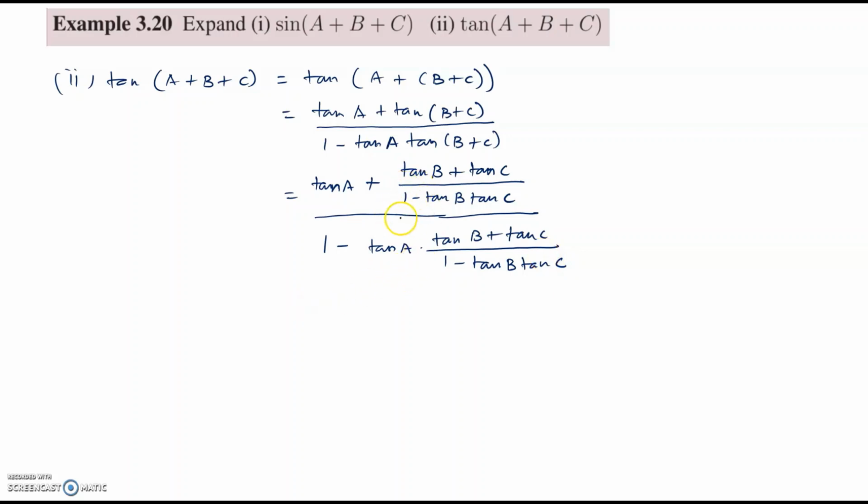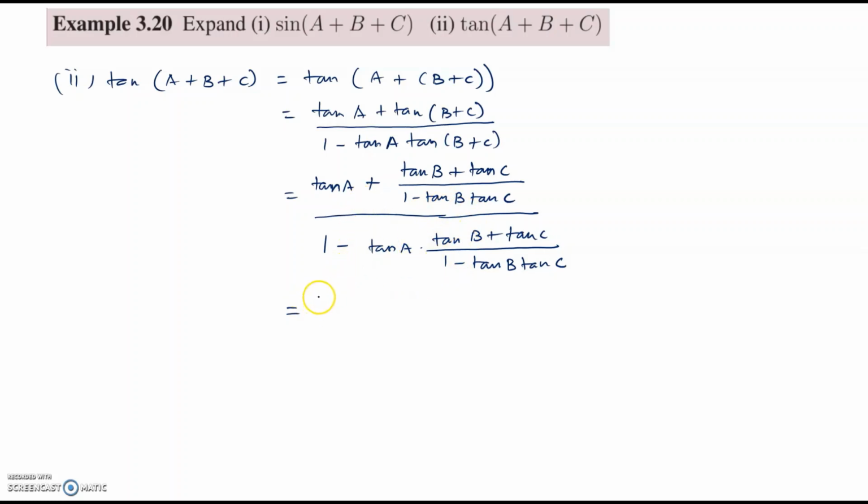Further simplifying, we make 1 minus tan B tan C the common denominator for the numerator, and for the denominator we can cancel them out.